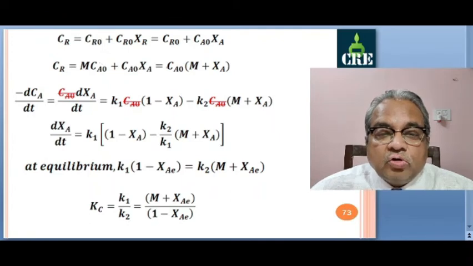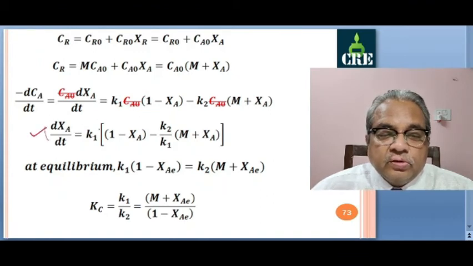Taking CA0 common, CR is simply CA0 into (M plus XA). Minus dCA by dt is nothing but CA0 dXA by dt, equal to K1CA, where CA is CA0 into (1 minus XA), minus K2CR, where CR is CA0 into (M plus XA). So CA0 cancels out and you are left with dXA by dt.